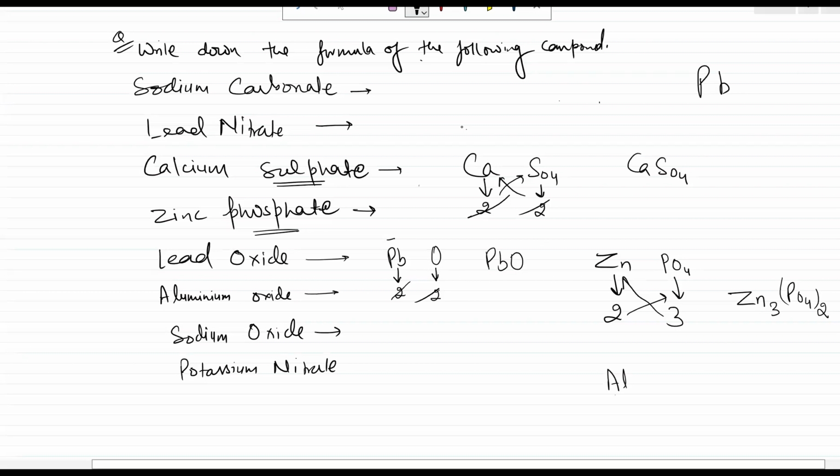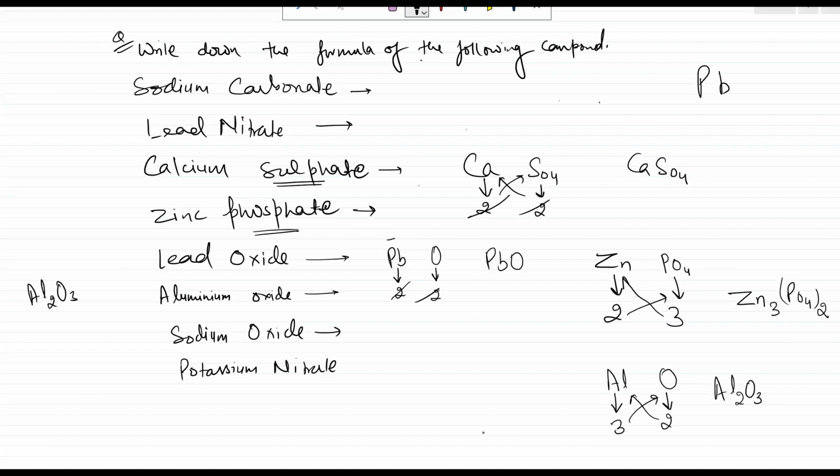Aluminium is going to have valency, what is the valency of aluminium? 3. And what's the valency of O? 2. When you cross multiply, you will get Al2O3. Okay. Now this is Al2O3.